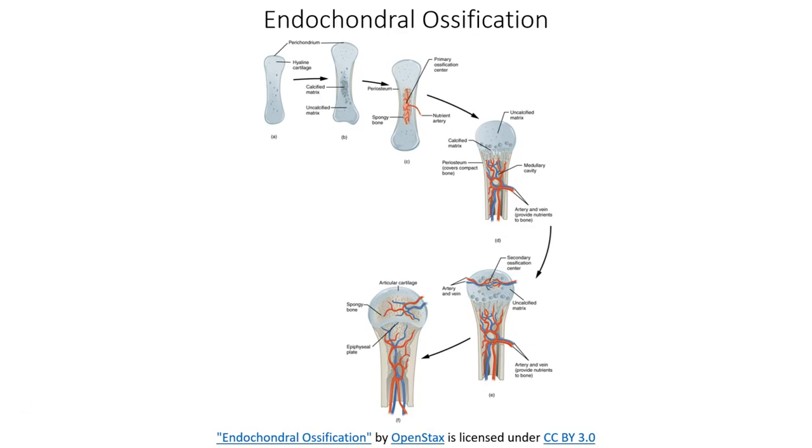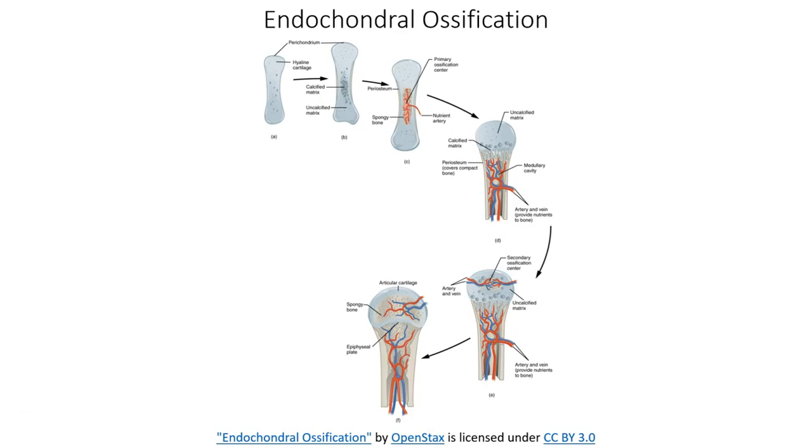So the bones at the base of the skull, our occipital bone, which we'll talk about in our next lab unit after this exam this week, and the temporal bones are going to be formed this way. And then again, our long bones, which are a lot of the bones in our body, the femur, tibia, fibula, humerus, radius, ulna, etc., are all going to be formed through this process.